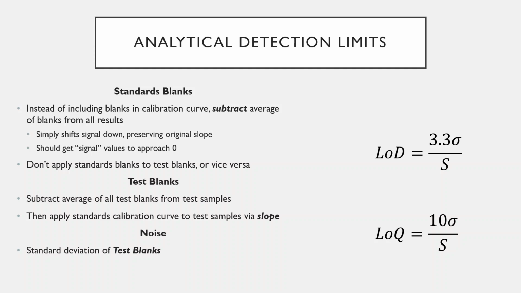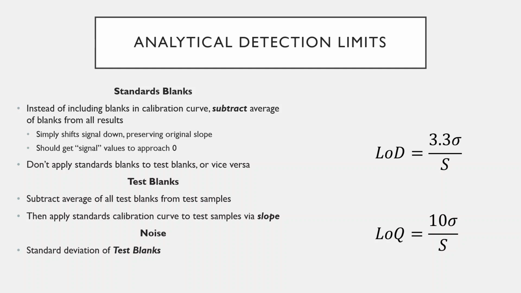Now, you're not going to apply that subtraction to your test blanks, okay? So I want to stress, you don't want to mix these two up. This only applies to your standards and your standard blanks. Now, for your test blanks, you do want to average all of the results of your test blanks and subtract them from all your test samples. This is, in effect, getting rid of the noise from all of your samples.